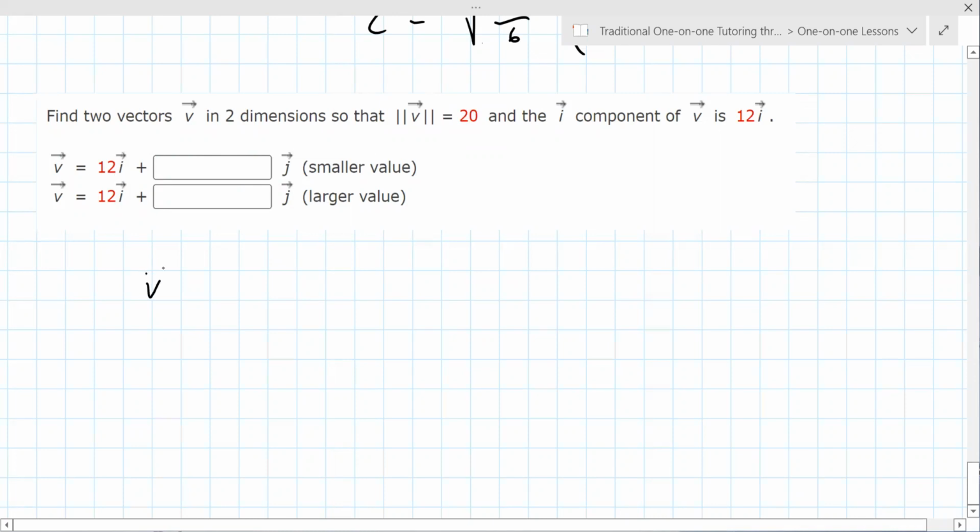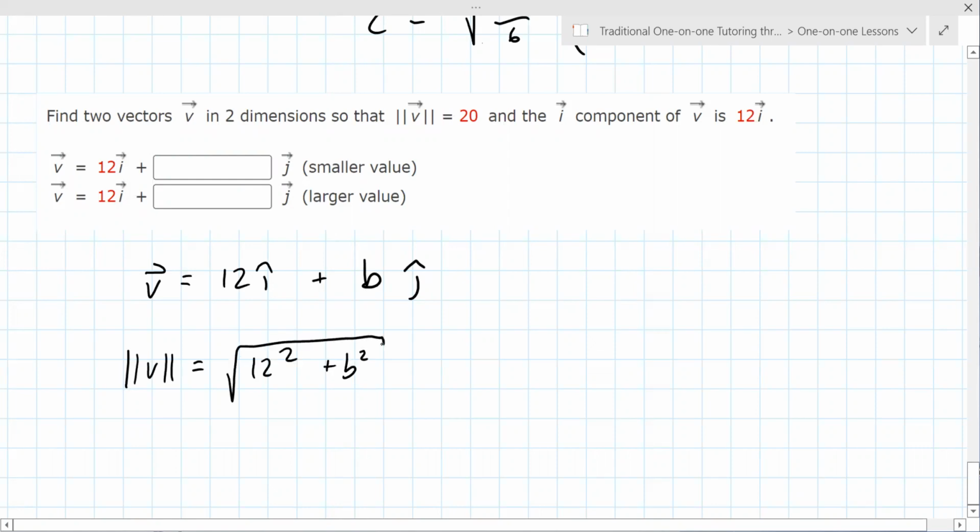So let's just pretend that v is 12i plus b times j hat. Okay, and so the magnitude of v is 12 squared plus b squared, square rooted. Do you agree with that? Yes. But we know in this problem it tells you it's 20.